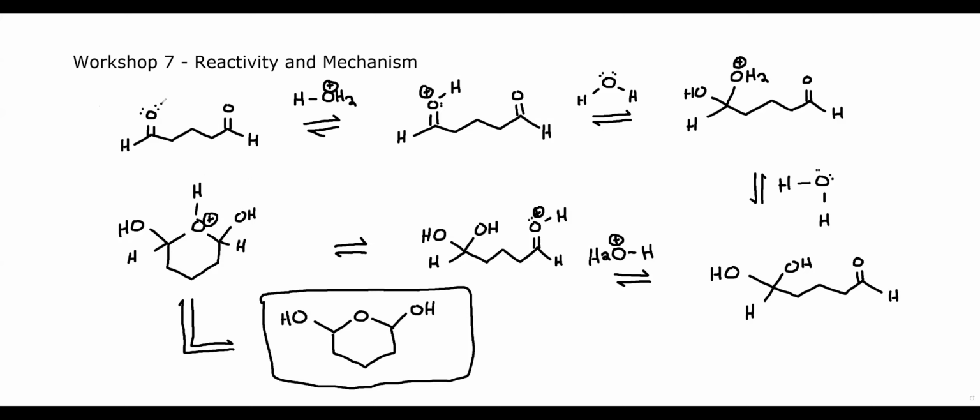Let's take a lone pair on this oxygen, grab a proton, and leave behind its electrons. Okay, maybe I'll do it in blue so it stands out a little more in this nightmare. Okay, the blue arrow, that's showing the electrons on the oxygen grabbing the hydrogen, and the electrons are being left behind on oxygen.